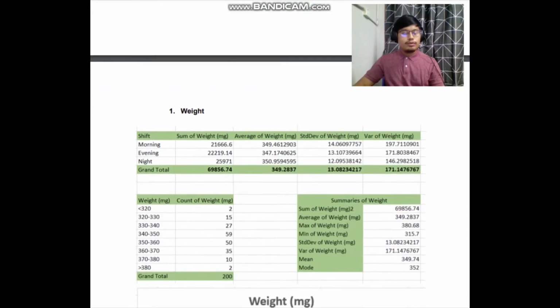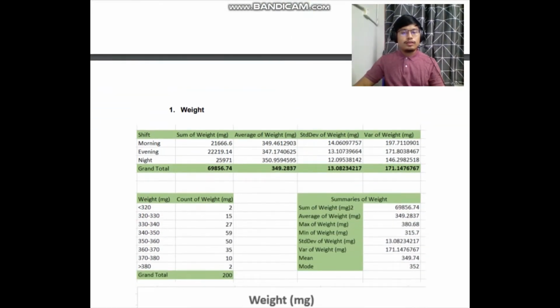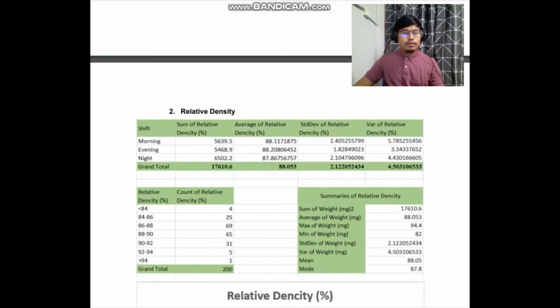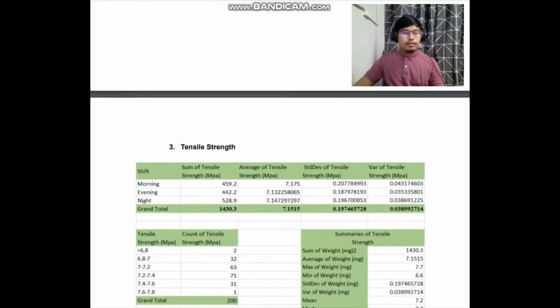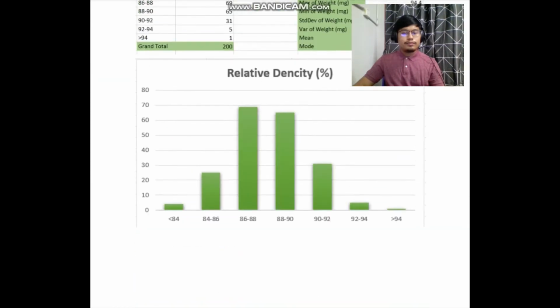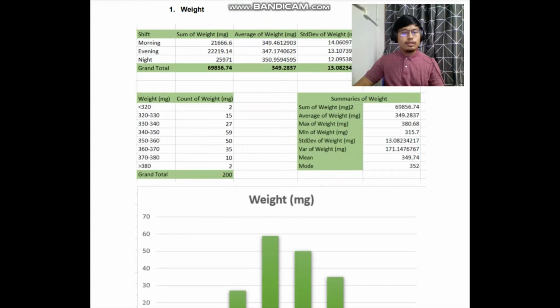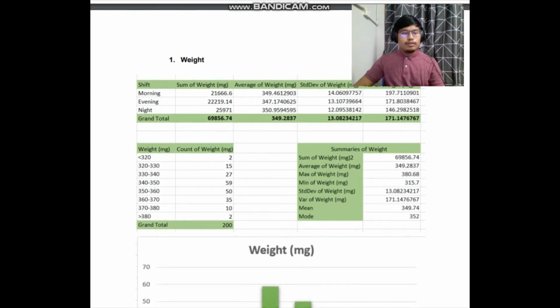After that, we can summarize the data in numerical form, based on weight, relative density, and tensile strength. From the data, we can calculate the sum, the average, the standard deviation, and the variance.